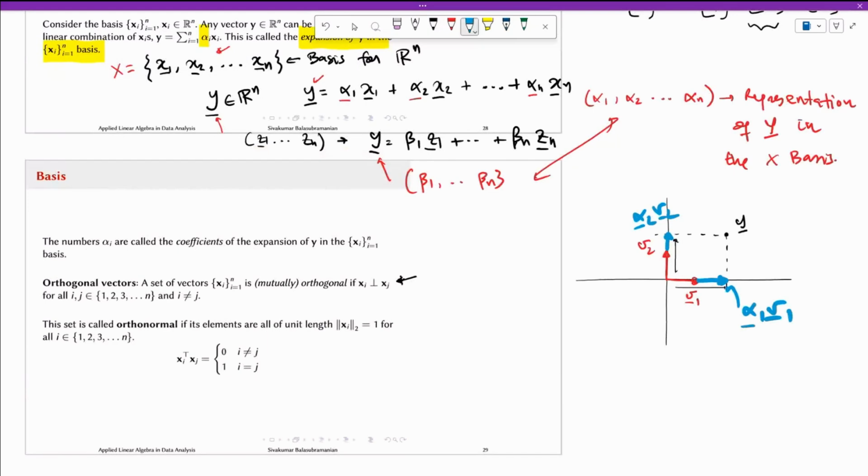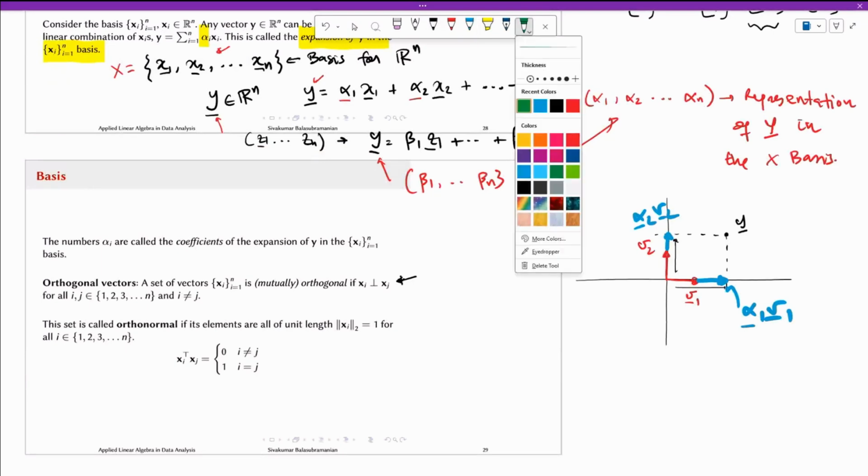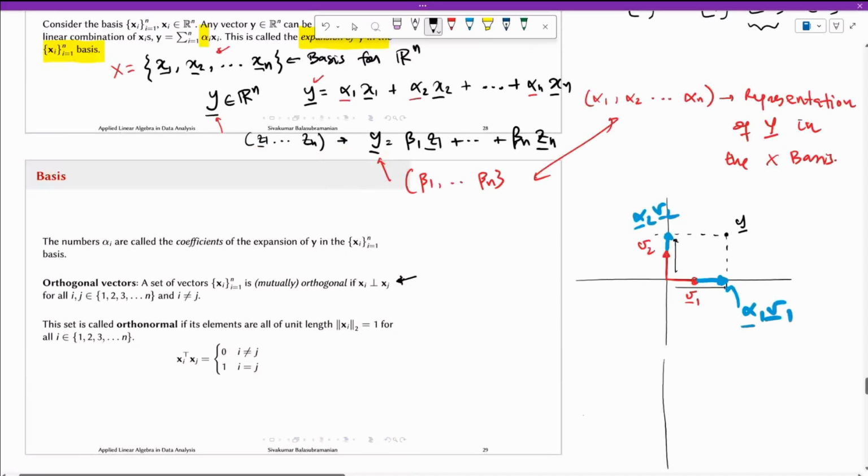Now, let's say I use a different basis. I'm going to draw a new figure. Same y, but instead of v1, v2, let's say I use a different basis.